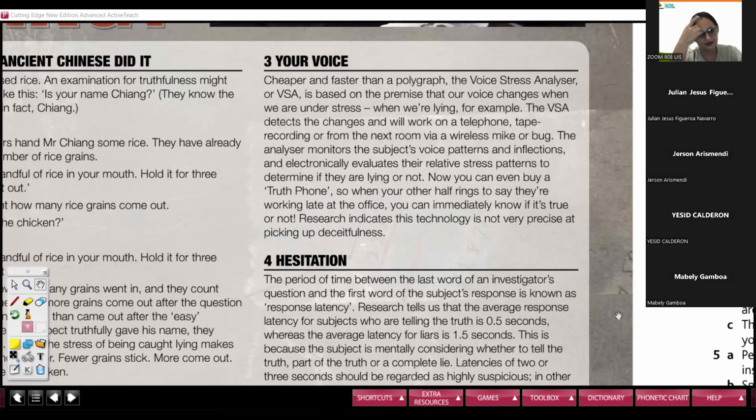Okay, yeah, sure. You have a change in the tone of voice, yeah? Okay, yes, and they usually forget what they said. That's one of the themes that we're going to read, yeah? The voice changes when we are under stress or worry, when we are lying.